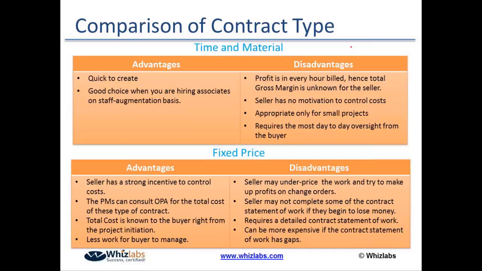From a fixed price project point of view, I'm in good shape because I know that the total cost is known to me. The cost is not going to be more than that. But then I have a big disadvantage: I have to create a detailed statement of work. If my statement of work that's attached with the contract has gaps, the seller would later come back to me and tell me, hey, you never mentioned that this needs to be done.